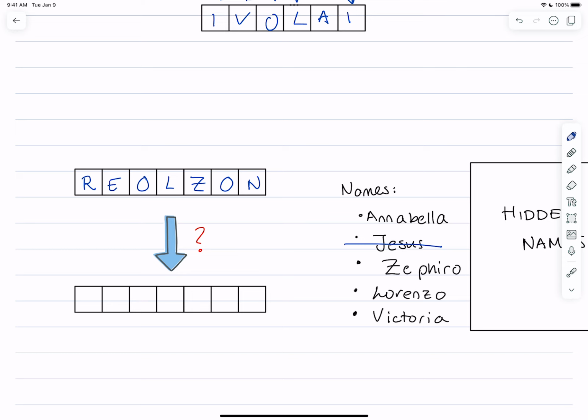And also, you can't add or delete, so it has to be the same kind of letters, right? So Riolzen, it's got that Z in there. So Annabella doesn't have a Z in it, so it can't be that. And it also can't be Victoria for the same reason. Okay, so Zafiro or Lorenzo, well, Zafiro has a P in it, and there's no P in Riolzen. So it can't be that one, and yeah, it looks like it's going to be Lorenzo.